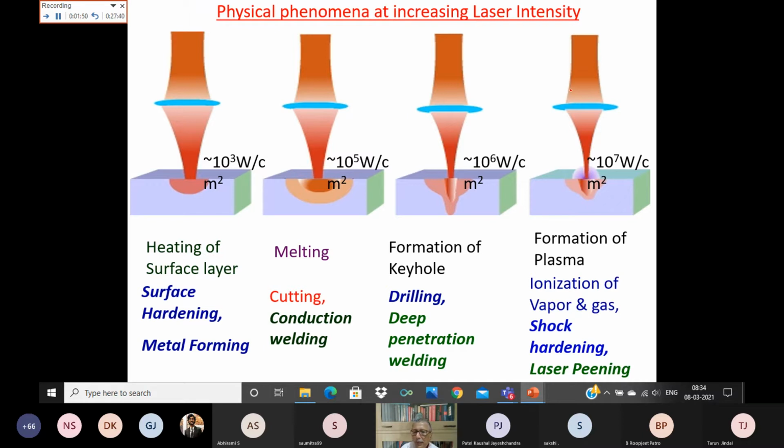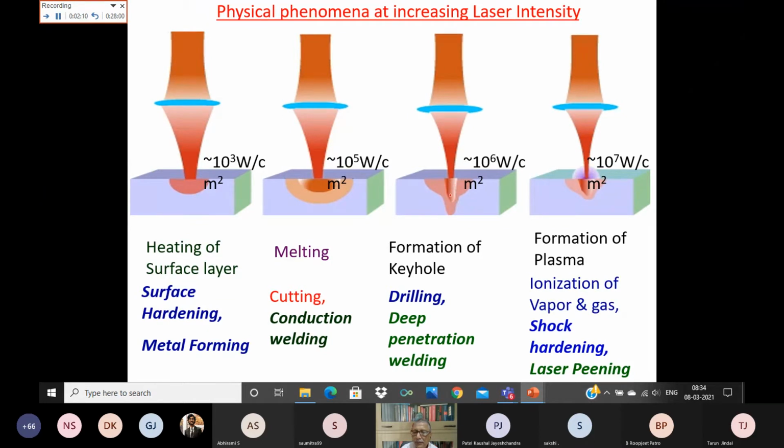When you go for higher power density, megawatt per centimeter square or so, or more than that, then a small amount of vapor is going to be created in the molten material, and that vapor, when it is coming out, is going to put a pressure on the molten material.